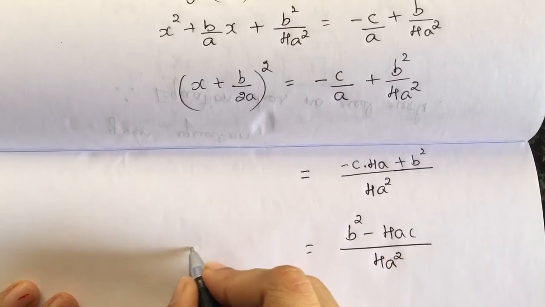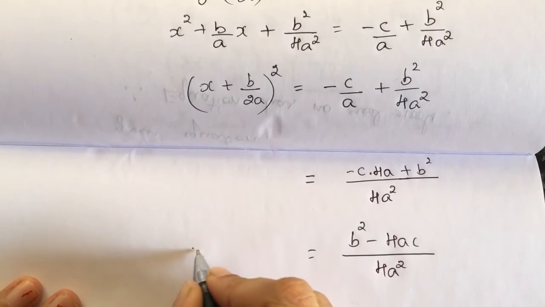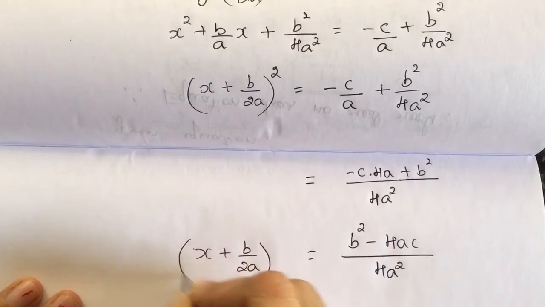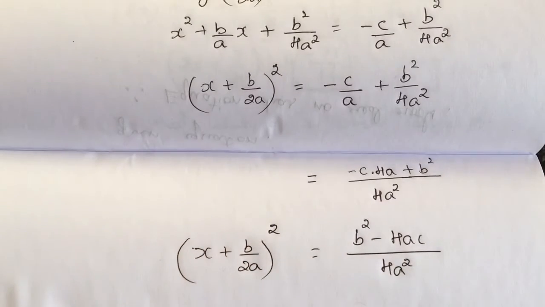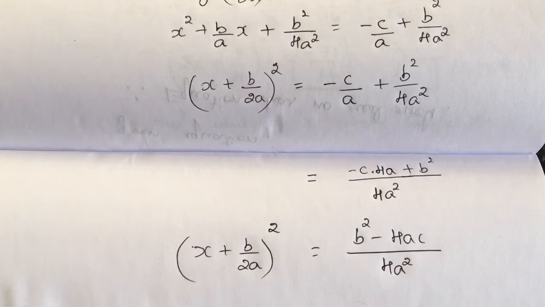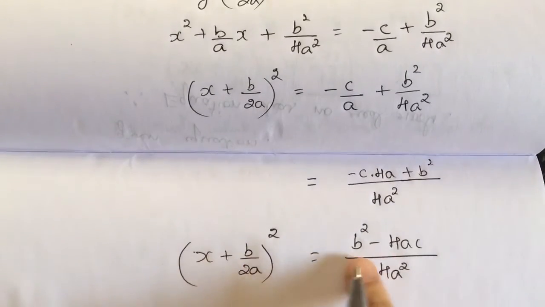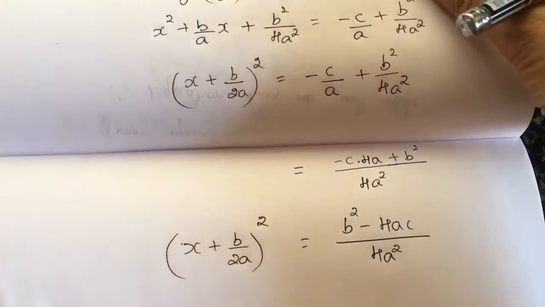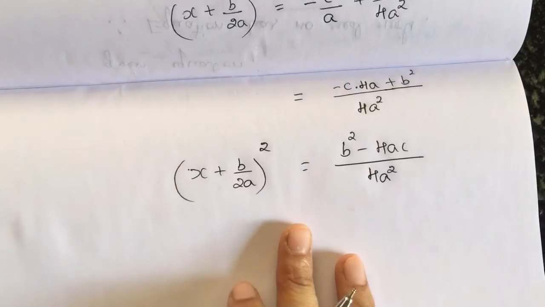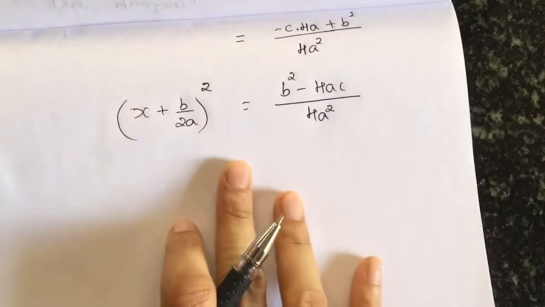What was the left hand side? It's x plus b by 2a whole square. Now, if this b square minus 4ac is greater than 0, then I can take a square root, right?